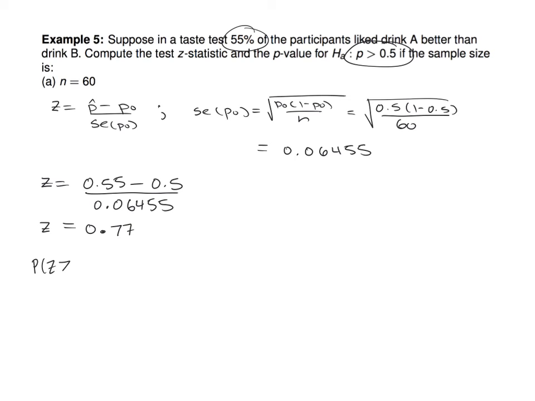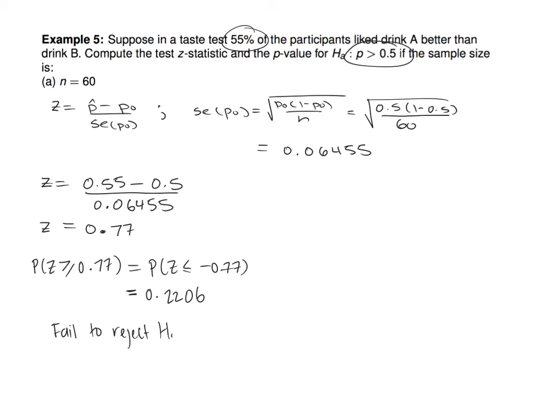Probability Z is bigger than or equal to that 0.77, same as the probability that Z is less than or equal to negative 0.77, which is 0.2206. And in this case, you would fail to reject H naught.